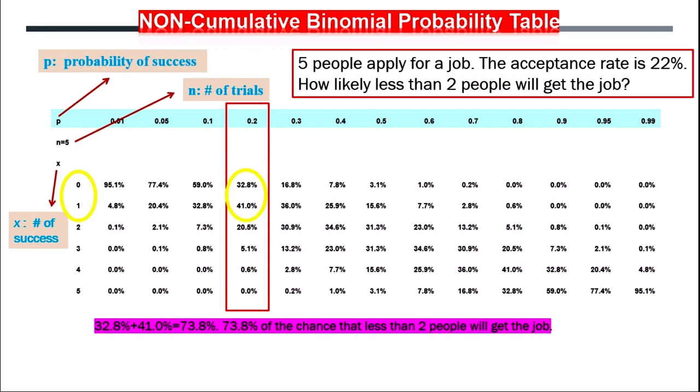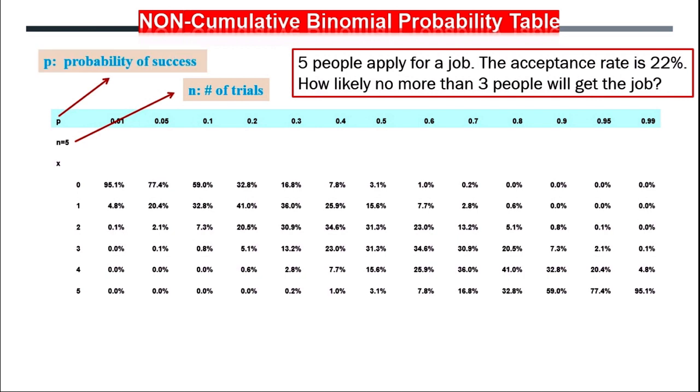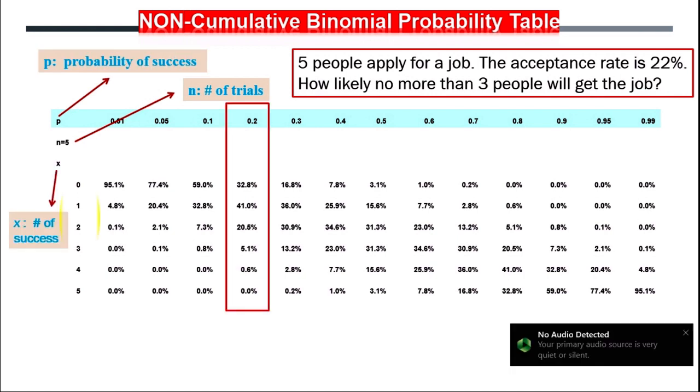Let's do more. How likely is it that no more than 3 people will get the job? No more than 3, x can be 3, 2, 1, 0.